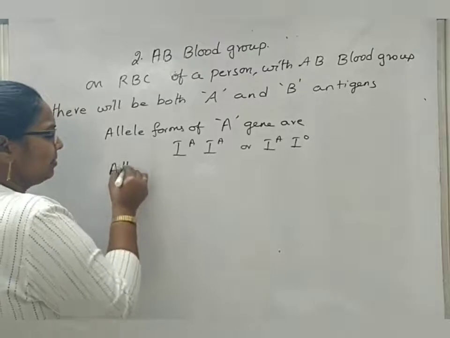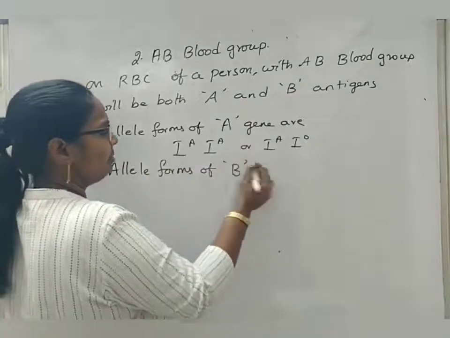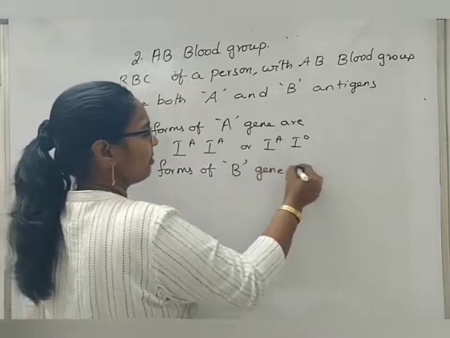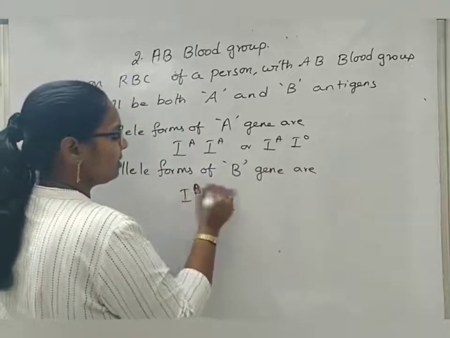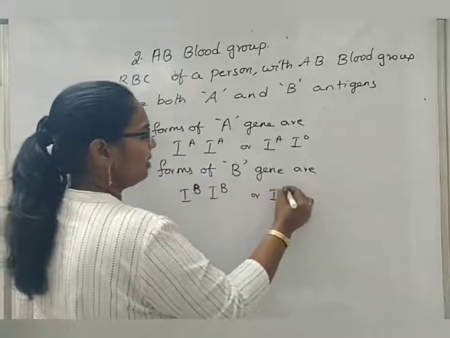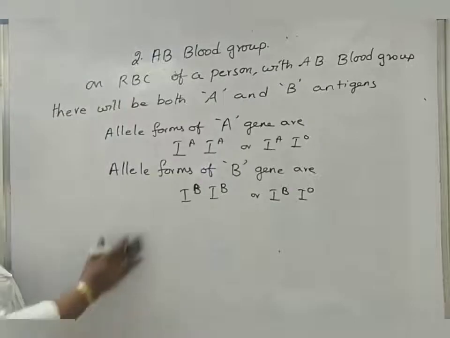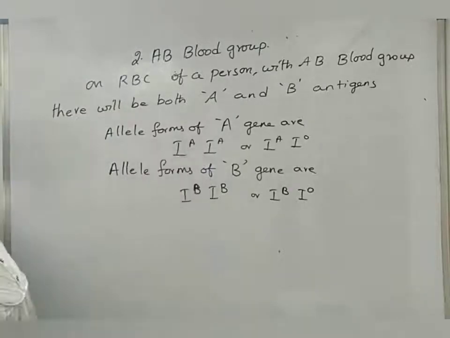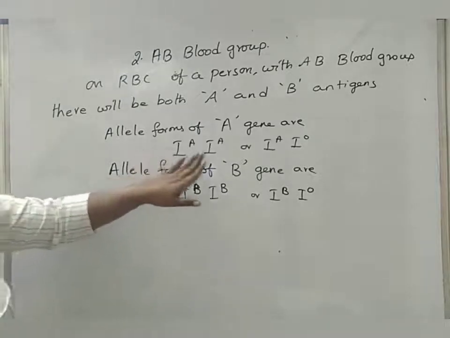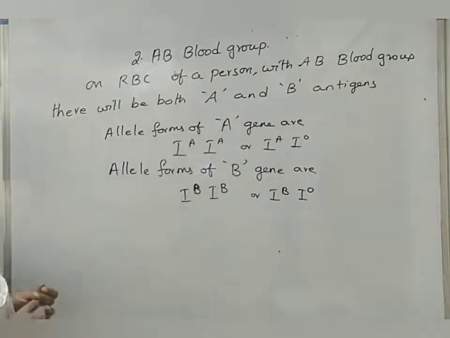In the same way, allele forms of the blood group B gene can be homozygous or heterozygous. But now, when both antigens are present on the same RBC, since both are of a dominant type, when they are side by side, both get expressed.